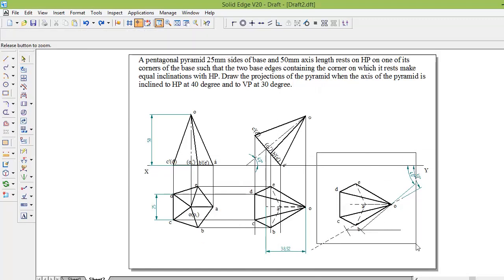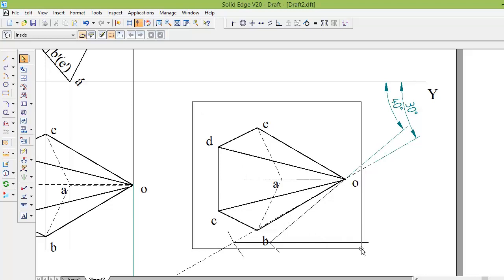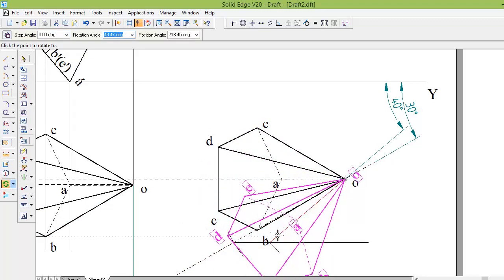I'm zooming this. So now go to selection. So this is what I'm going to select. See, this line is selected, which I don't want to rotate. I'm deselecting this and selecting this B. See, go to rotation command. This is the rotational point, this is the rotation line. I will rotate this through OB.